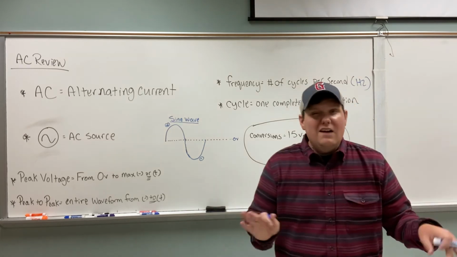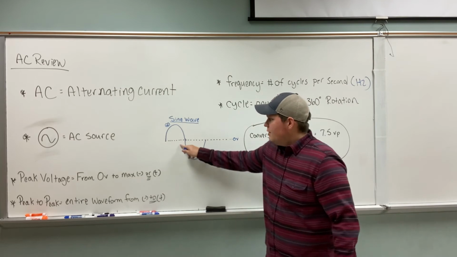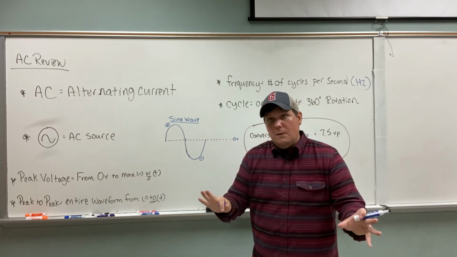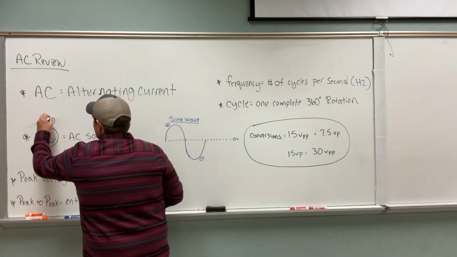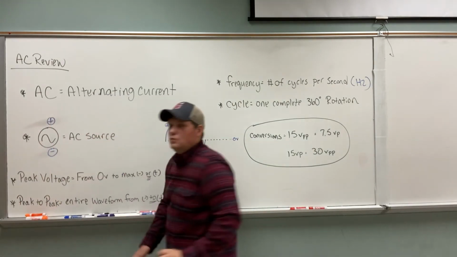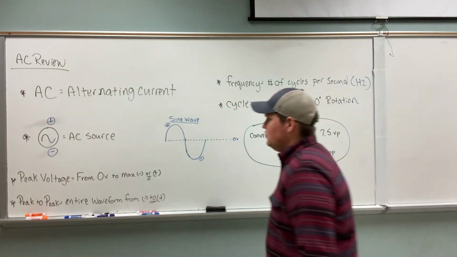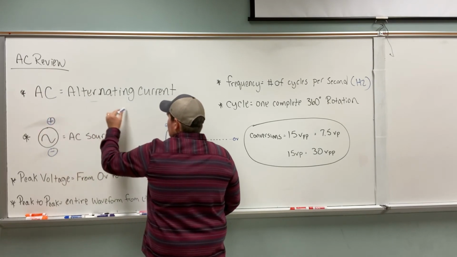AC does not have a defined polarity. It's constantly swapping. Every half cycle, your polarity swaps. So on the upswing, this would be your polarity, because we are traveling in the positive direction. Because if a circuit was hooked up to this, current's going to travel this way.